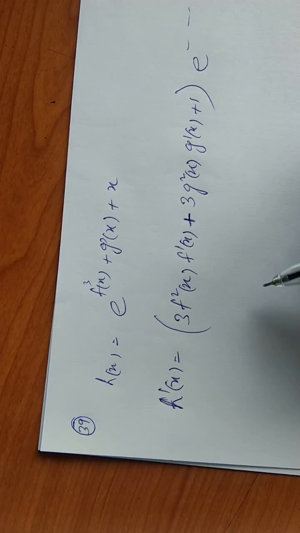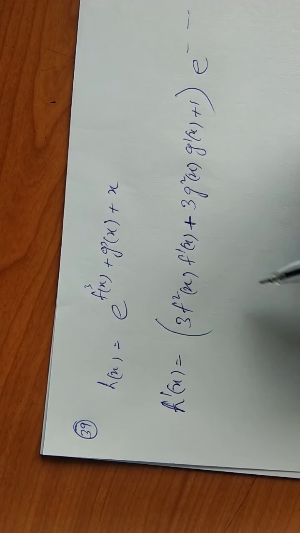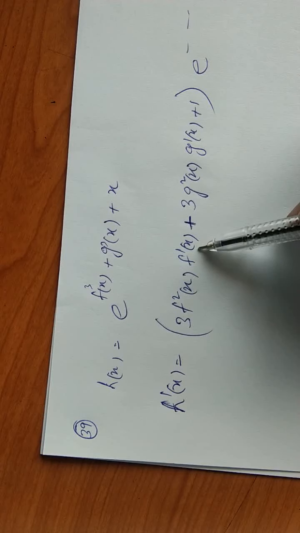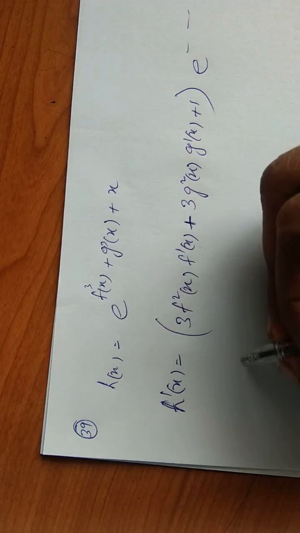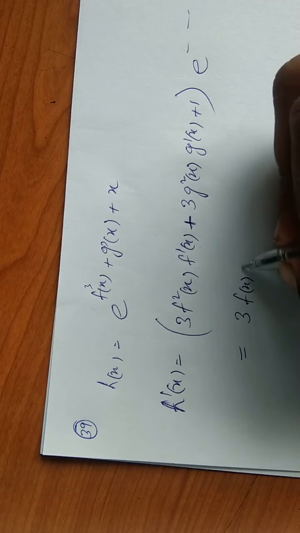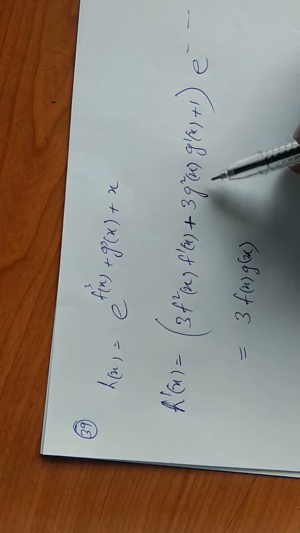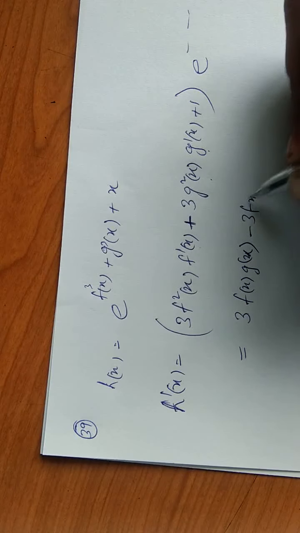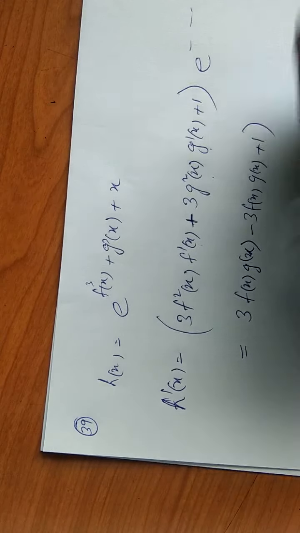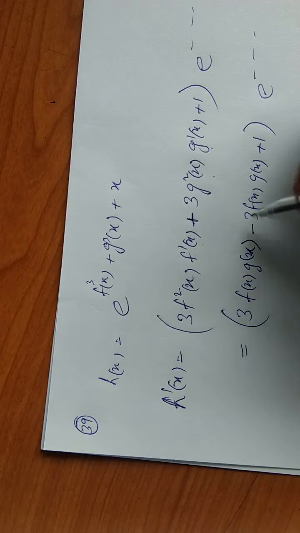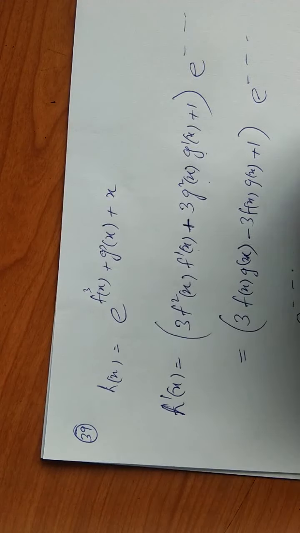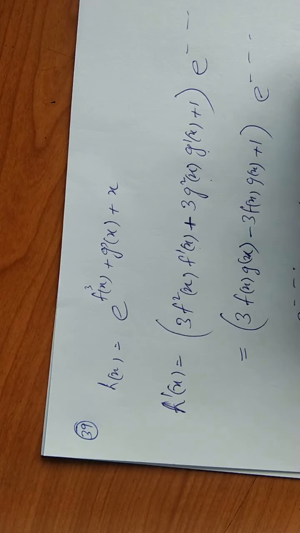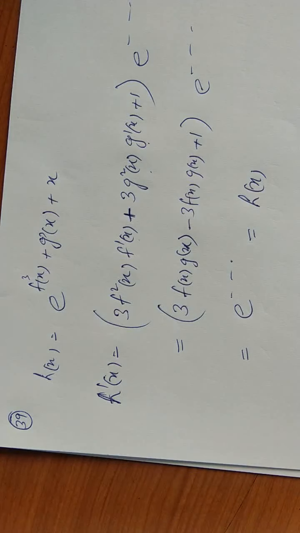Okay, so we know that f(x) into f'(x) is equal to g(x), so this becomes 3f(x)g(x), and g(x) into g'(x) is equal to minus f(x), so this becomes 3 minus f(x)g(x) plus 1 into e power something. So this becomes 1, and e power this we know is equal to h(x), so h(x) is equal to h'(x).